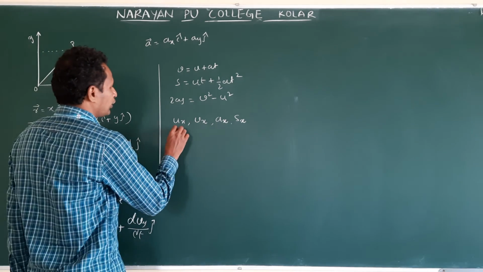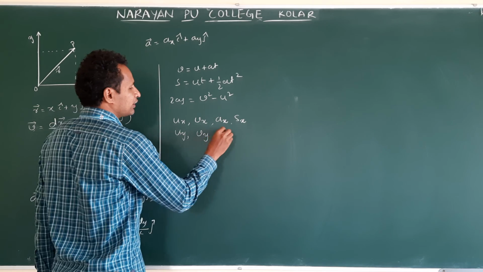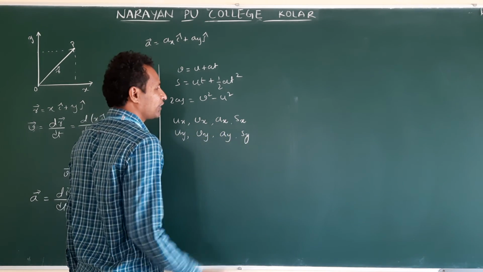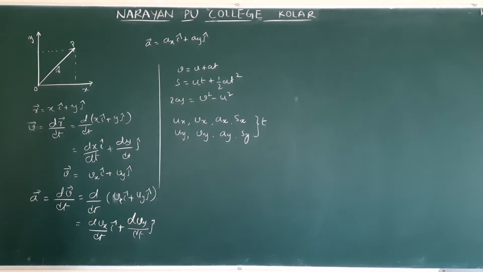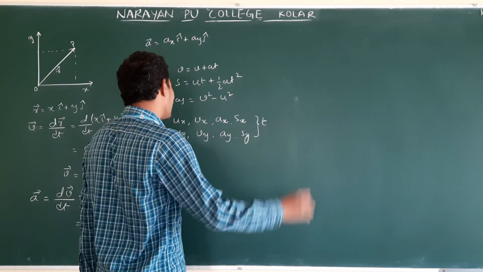Clear? Similarly, initial velocity along y direction, final velocity along y direction, acceleration along y direction, displacement along y direction. But time remains the same for both. dx dy is not possible. Clear? Why not possible? Just think.